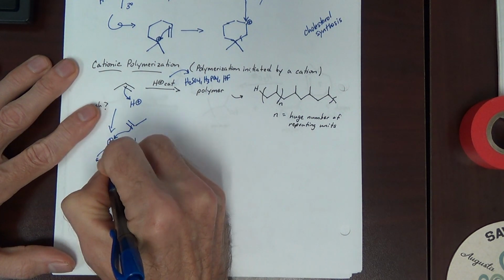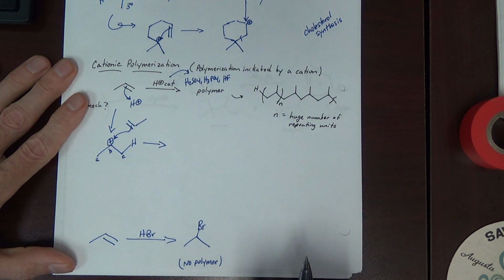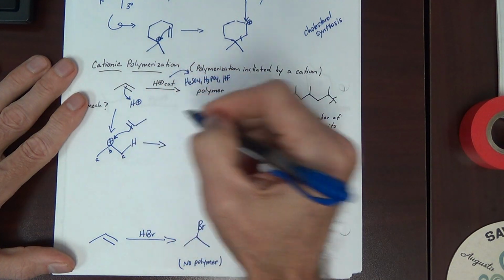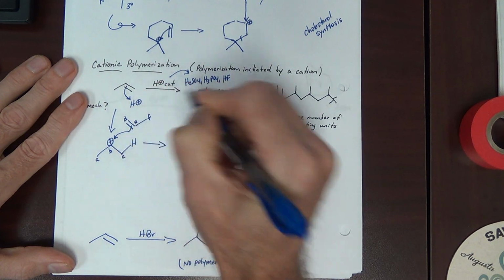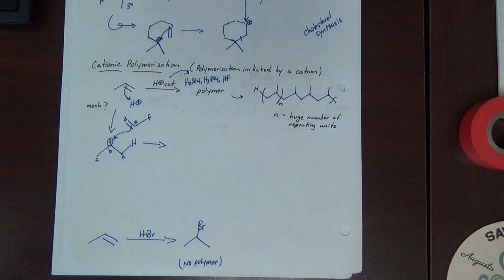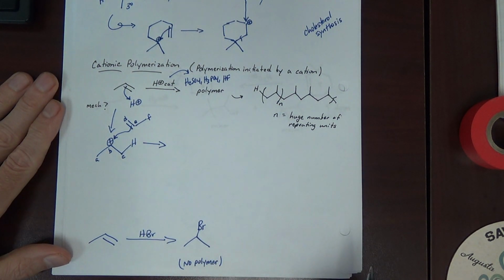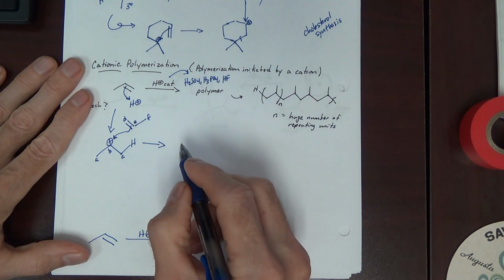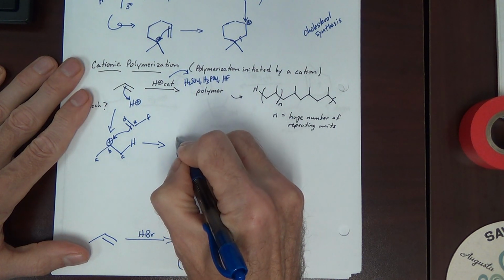If I call this A, B, C, and I call this, let's see if this works out, A, B, C, D, E, F. Which two carbons are bonded together? Well, D is bonded to B. And so I'm going to kind of turn this around a little bit. We'll come back and do it again.